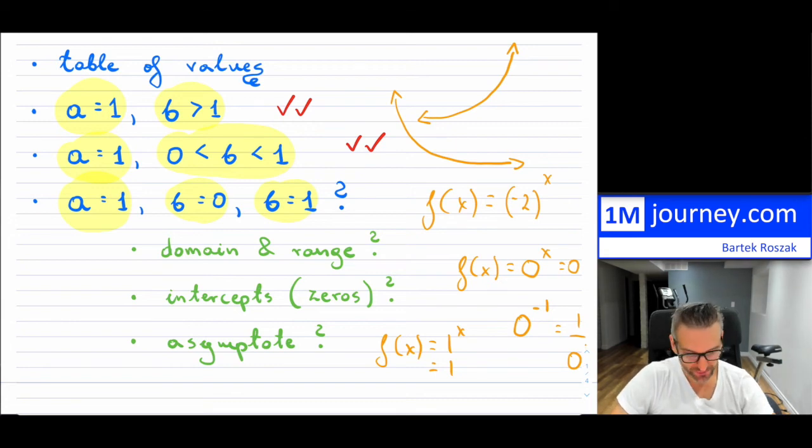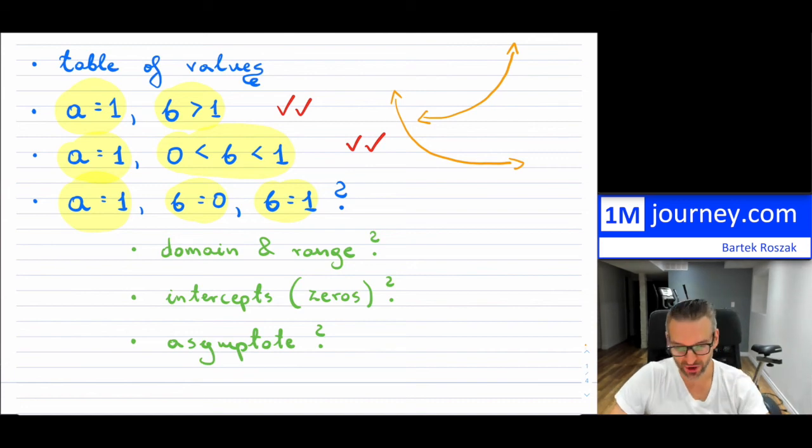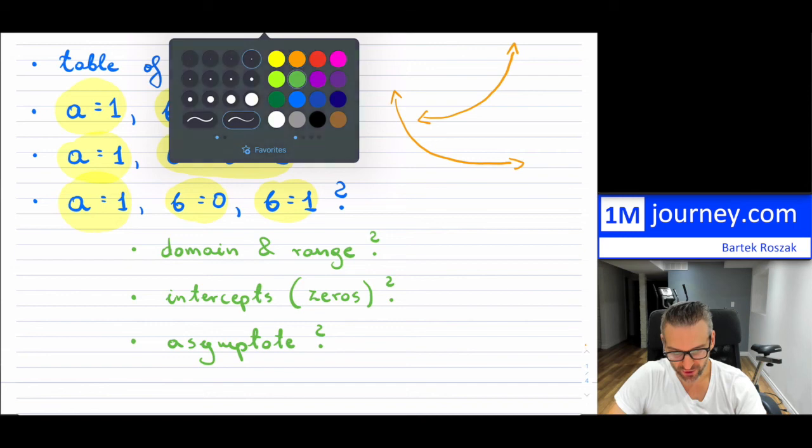Okay, so now the last item that I want to talk about in this video is with regards to the domain and ranges for the cases that we had. We'll assume that we are referring to these cases.